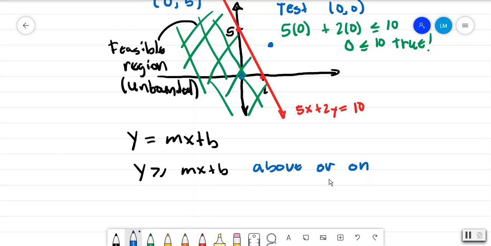or on. But if you have that y is less than or equal to mx plus b, this is going to be below or on.